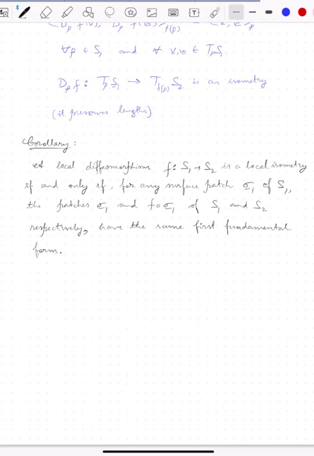And of course, we'll not prove it here. Now we come to the conformal mappings. That is our next topic of study for today.